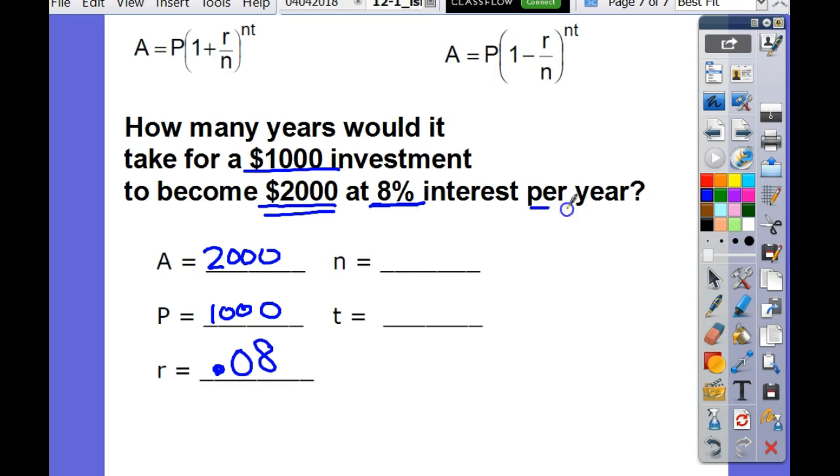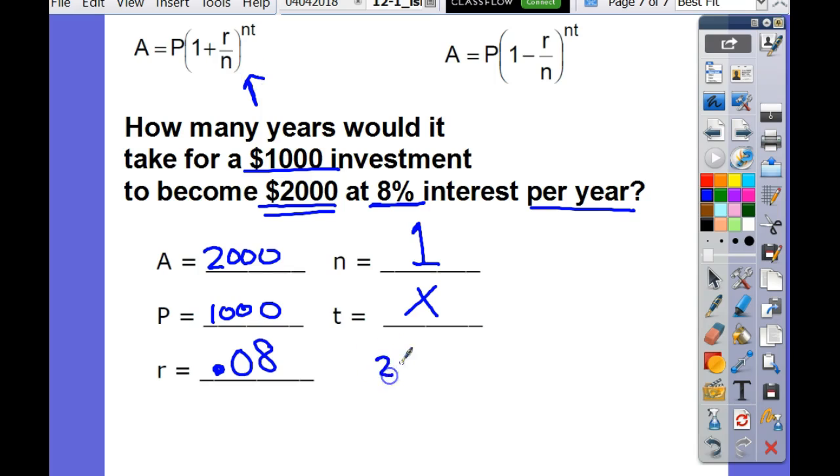Since this says per year, do I know how many years? That's what I'm solving for this time. Which one of these equations up here at the top am I going to use? Is my number going up in value or down in value? So I would use this one.